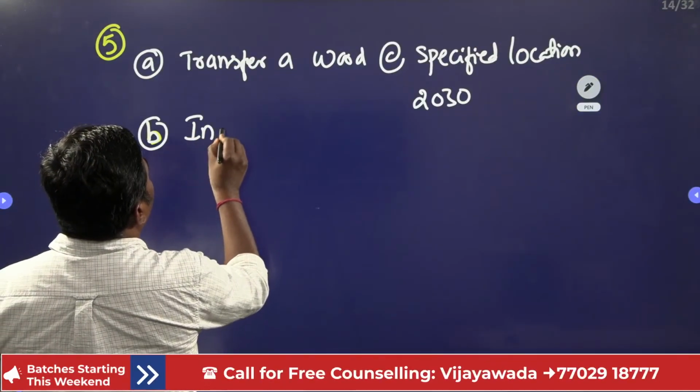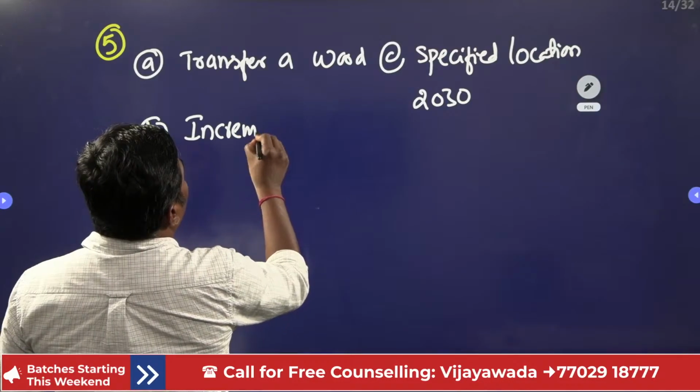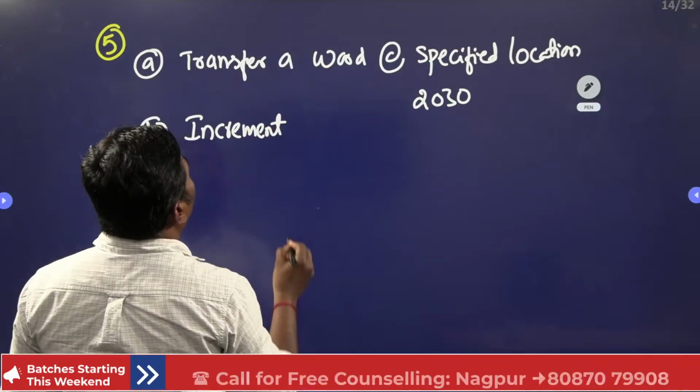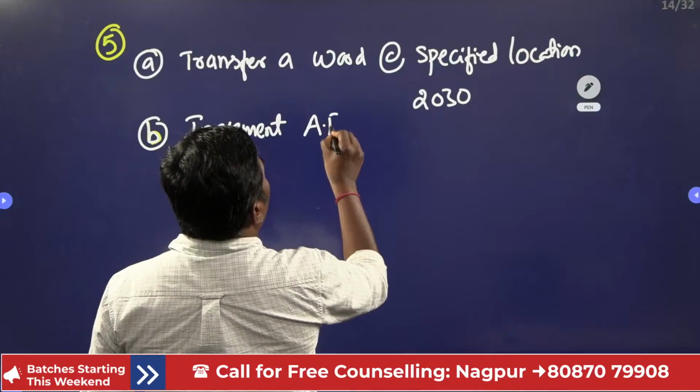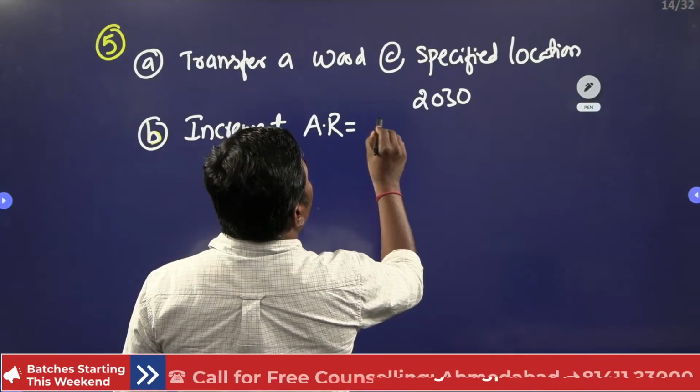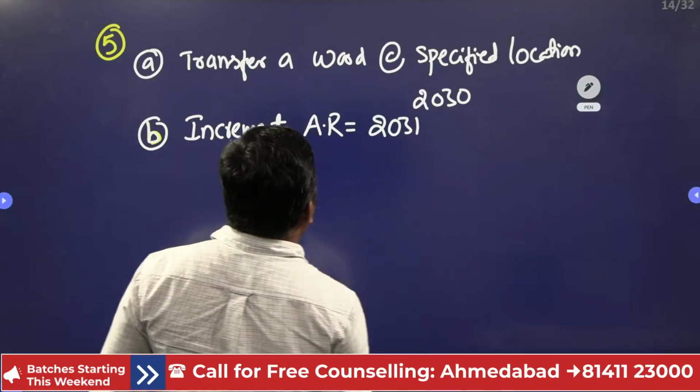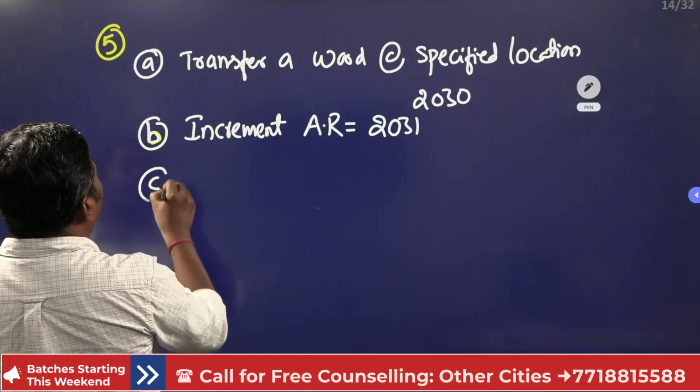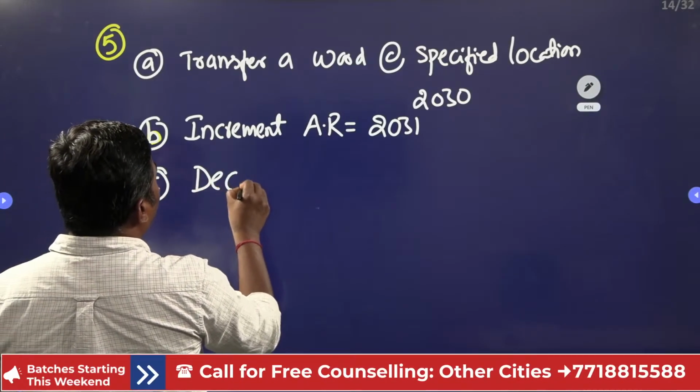The next word goes to the next location, so increment the word address register. Now the address register becomes 2031.